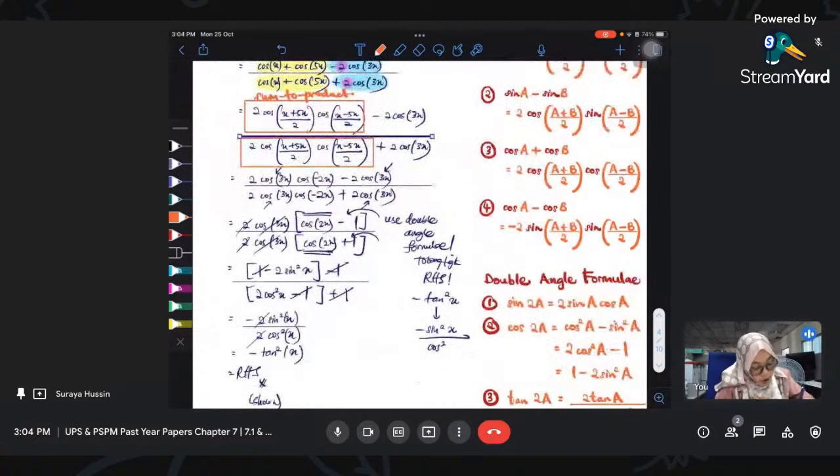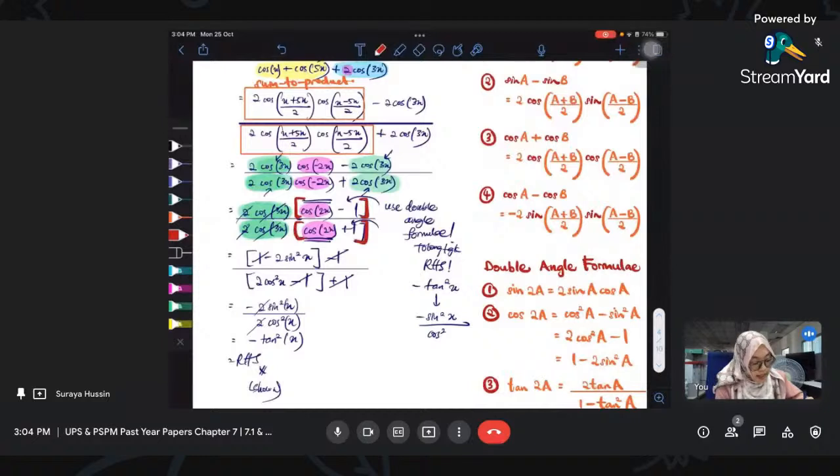And then I change my cos 2x into becoming cos negative 2x. Jadi cos 2x there. And then I factor out. Apa yang saya boleh bawa keluar adalah 2 cos 3x. Sebab dua term ni mempunyai 2 cos 3x yang sama. So I bring it out, and then I put a big bracket there.